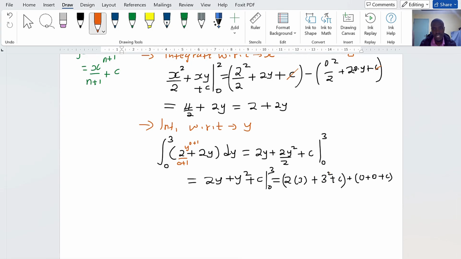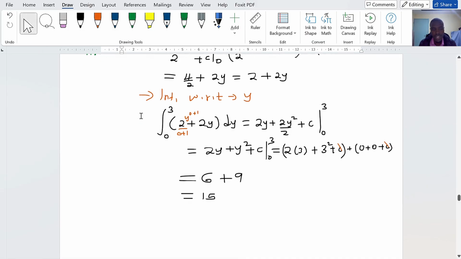So again, c goes. So when that happens, our answer will now be 6 plus 3 squared is 9. And this gives you 15. 6 plus 9, 15.